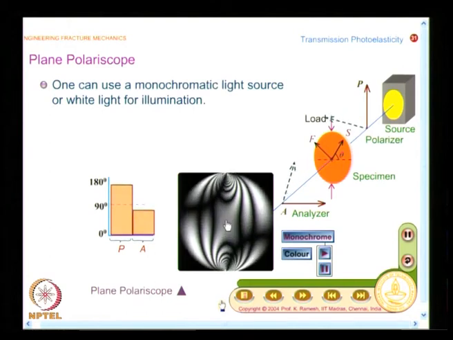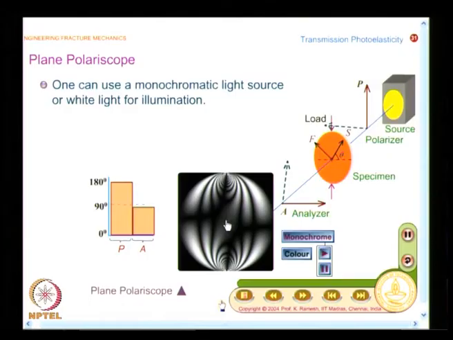The model cannot distinguish whether the phase difference is 0, 2 pi, 4 pi, 6 pi, or 8 pi. So that is why I get multiple contours. One possibility of fringe formation is that the model behaves like a wave plate, so the input plane polarized light comes out as plane polarized light unaltered.